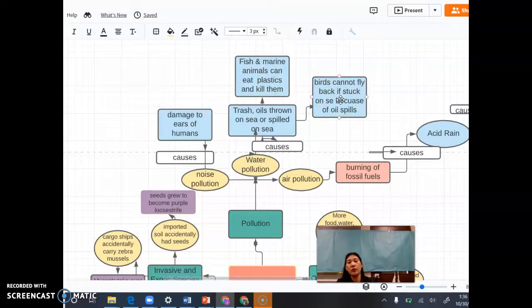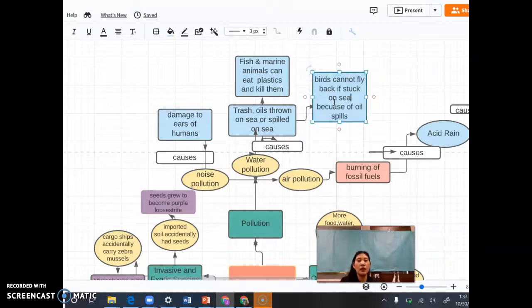Another one is birds. With oil spills, birds cannot fly back if they are stuck on the sea because of oil. Those are some of the impacts, and there are more.